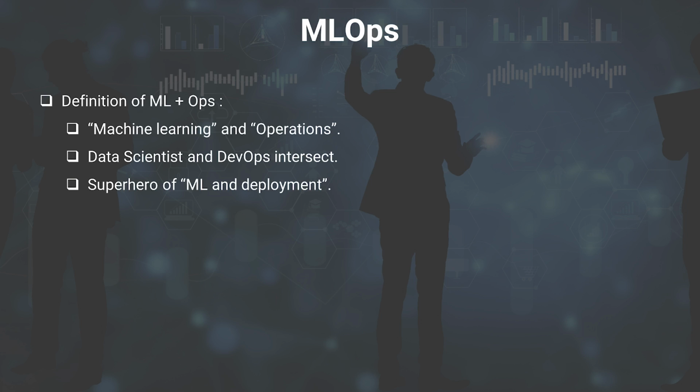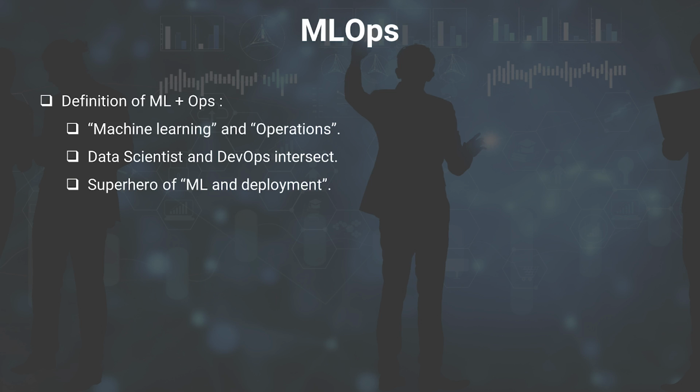The roles of data scientist and DevOps are totally different, but it requires a person to handle the understanding of business logic and the field logic, who can help deploy and accelerate the flow of moving the model to production. It's also regarded as a superhero of ML and deployment. And don't take my words as final on this one, because this is a general term.